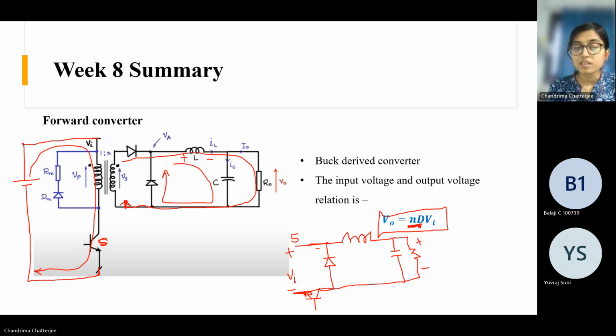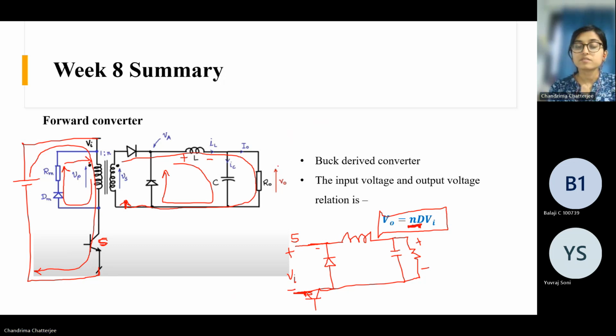So here the magnetizing current will flow in this way, and then it will come back to the same point where it started, and then another cycle will start, where again it will get magnetized like this and current will flow through the inductor and to the load like this, and another cycle will be there.